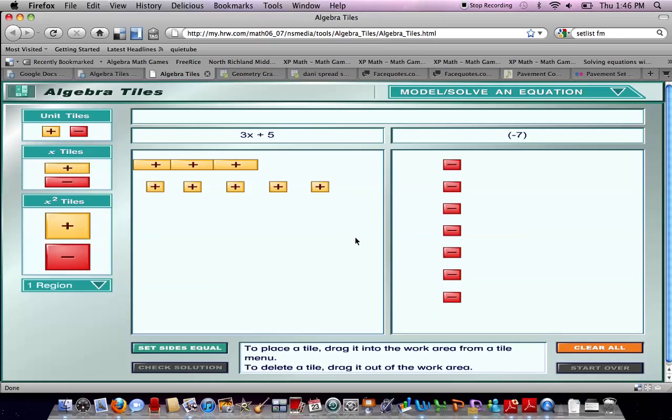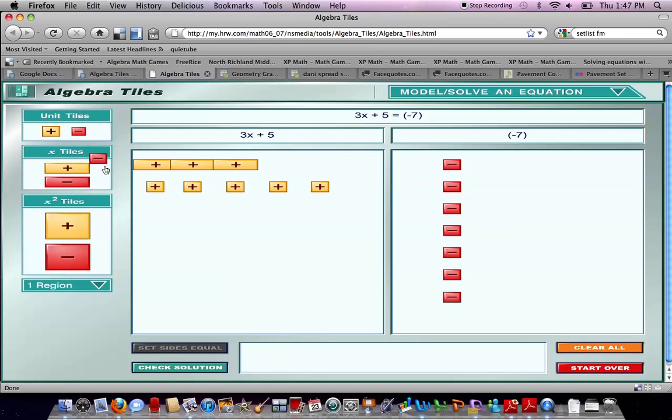Alright, so then I'm going to set both sides equal, and that gives me my equation at the very top that says 3x plus 5 equals negative 7, and that's the problem that I want to solve. So I want to isolate the variable, which I have 1, 2, 3 x's, so I would like to get rid of these positive 5's. So for each positive I have, I'm going to add on one negative.